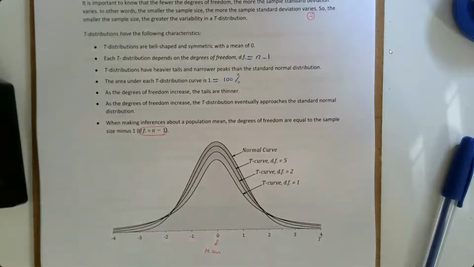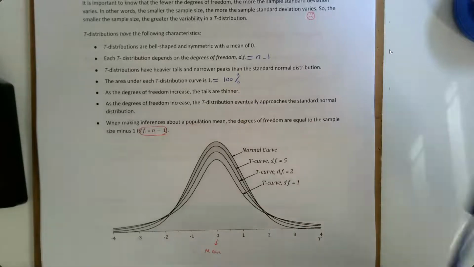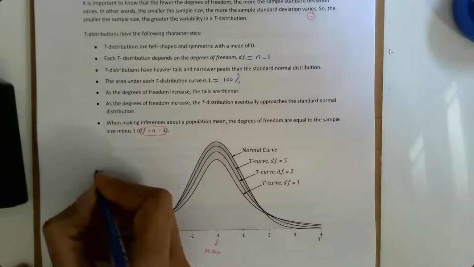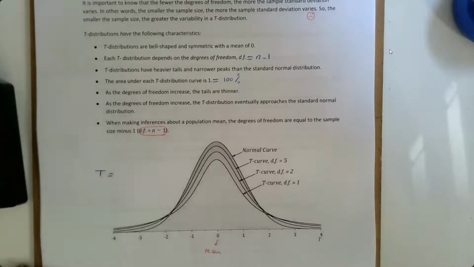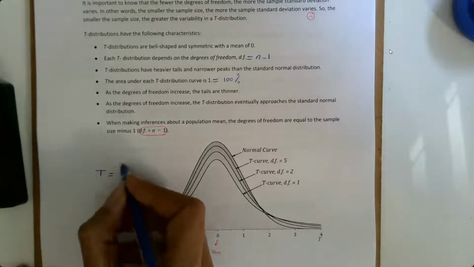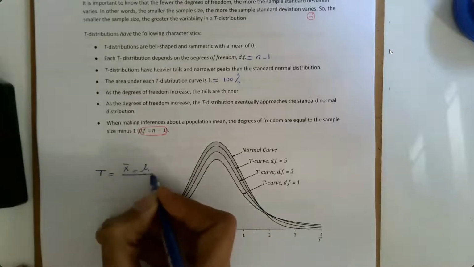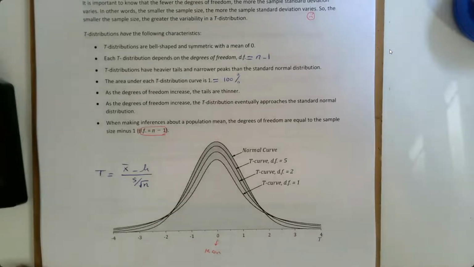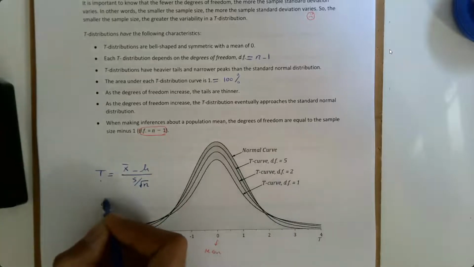So as you can see, even though we are working with t, not z, our graph eventually approaches a normal distribution. So t is equal to x bar minus mu divided by s over square root of n. This is our t, this is our variable, and the graph related to that variable is one of these based on the degrees of freedom.